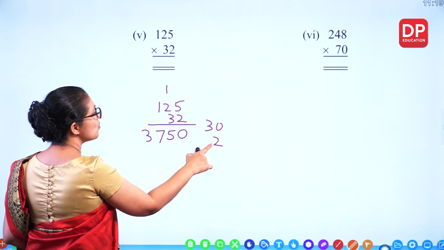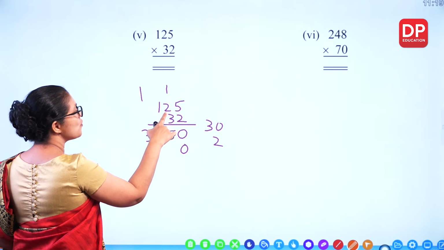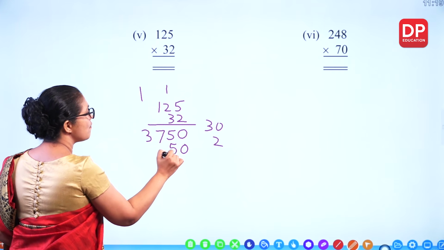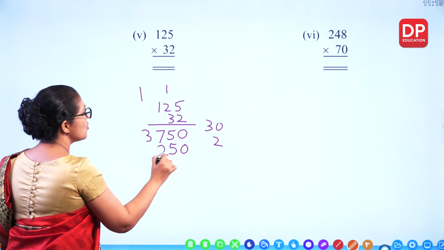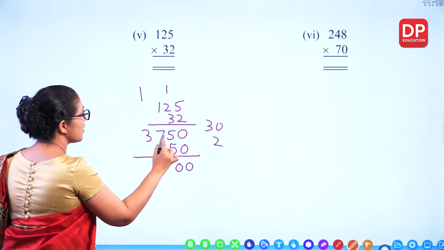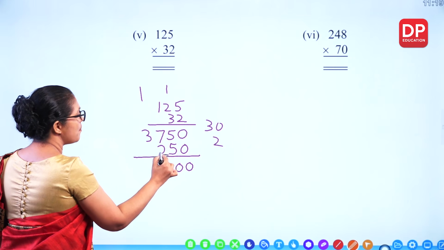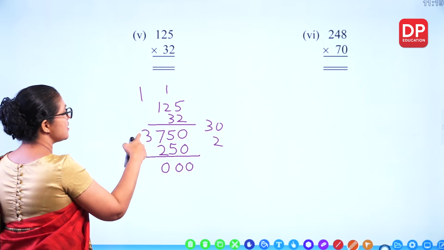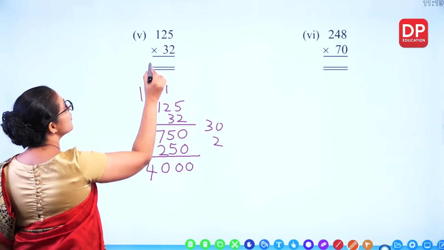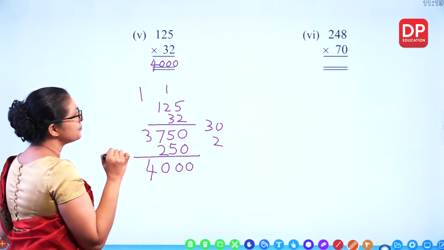Then multiply by 2. 2 times 5, 10. 1 remaining. 2 times 2, 4 plus 1, 5. 2 times 1, 2. Now add these two. You get 10. And here 8. Take 1. 8 plus 2, 10 again. Then take 1. You get 4,000. So the answer is 4,000.